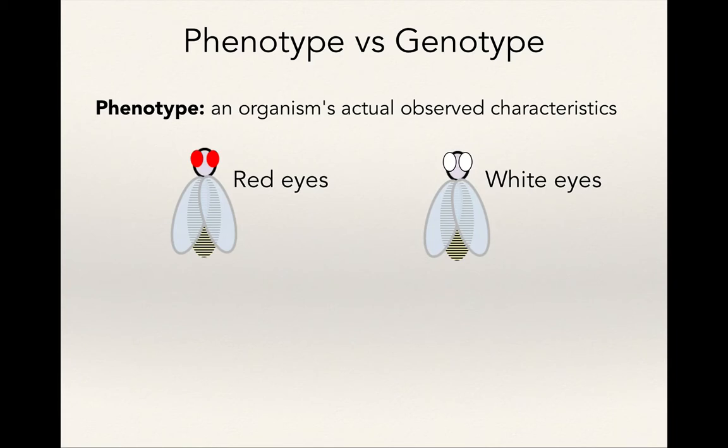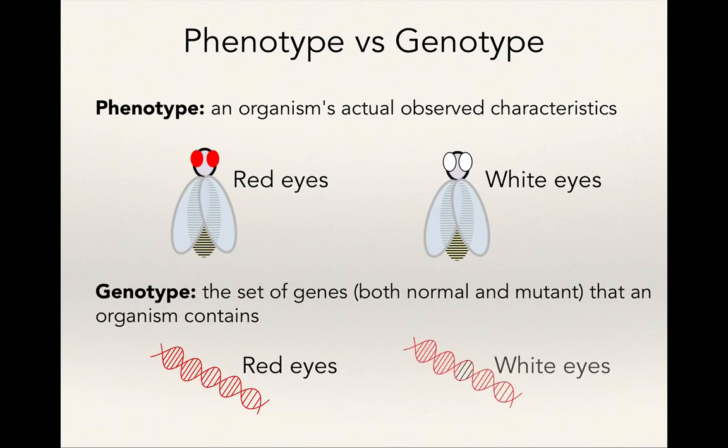However, the one rare variant had white eyes. In contrast, a genotype is the set of genes, both normal and mutant, that an organism contains. This specific genotype allows us to observe the phenotype of red eyes, while this specific genotype causes us to observe the phenotype of white eyes.